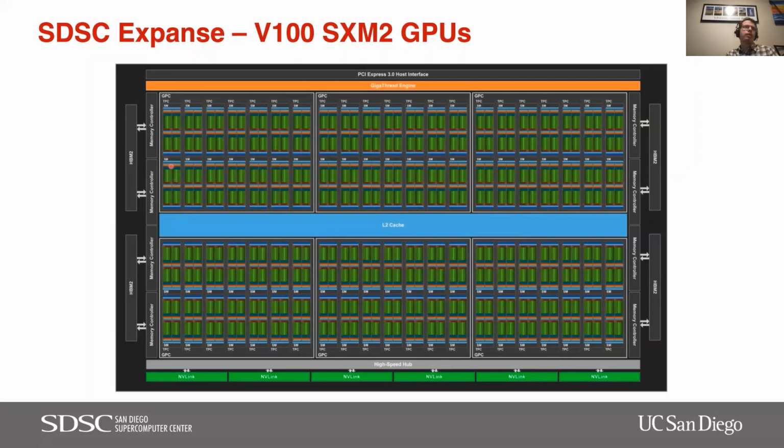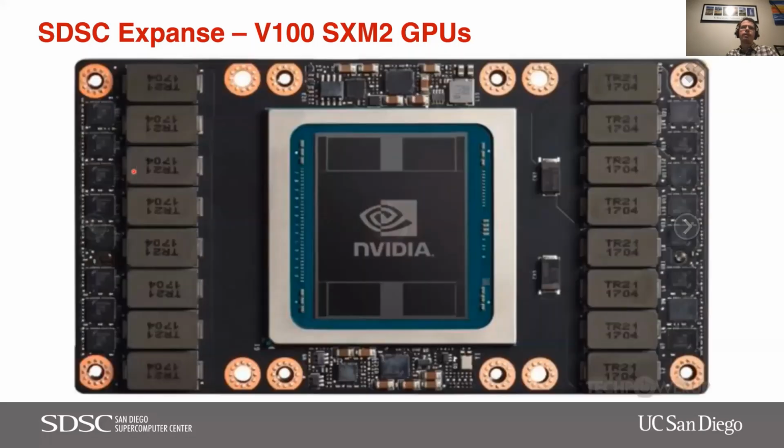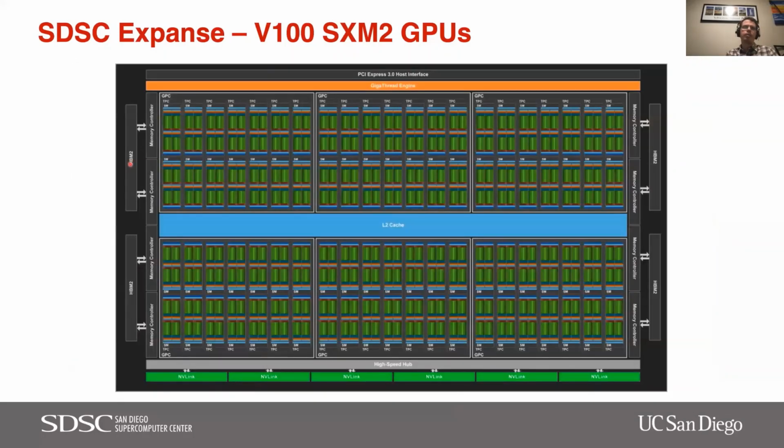Each multiprocessor has its own shared memory and L1 cache. Shared memory is basically user-managed cache memory. You have the memory controllers, and this is the memory that you see sitting here on the side, this HBM2 memory, which is very fast memory. And then you also have the high-speed hub with these NVLink interconnects when you want to send data to or communicate with another GPU.